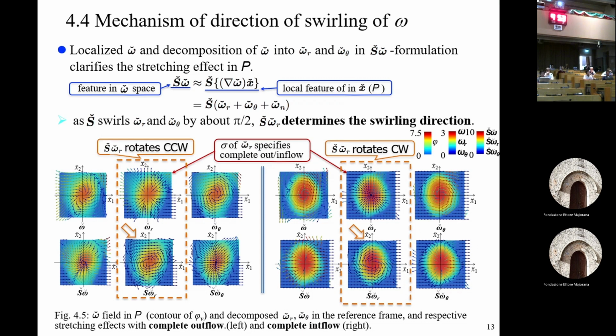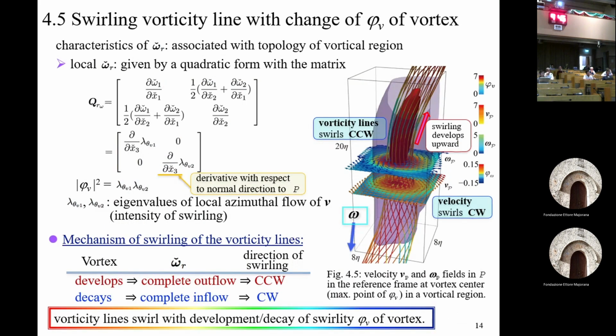So then we may wonder how the feature of the radial component, inflow or outflow, can be determined. It can be clarified by the local radial component of the vortex vectors. When we localize the vortex component, the radial component is just given by quadratic forms of the matrix described here.